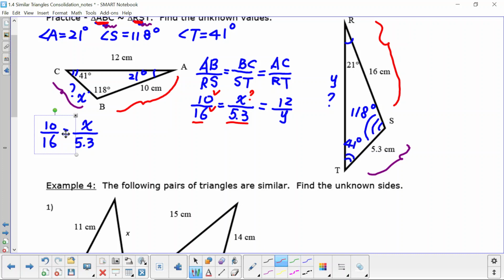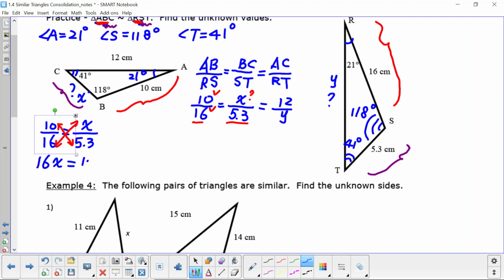But in order to avoid any mistakes, we are going to do the cross multiply. So 16 times x, this cross means multiply, so it's times, put it at one side. Then this is another cross, then it's 10 times 5.3.